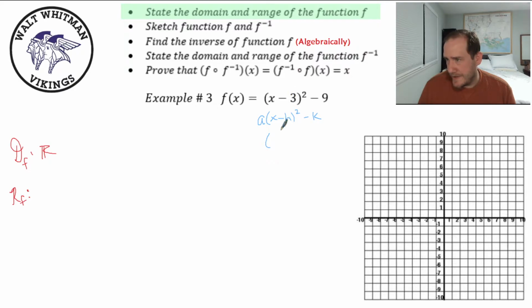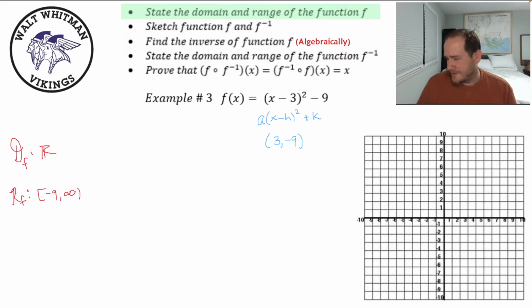So 3 is going to be the x-coordinate, and -9 will be the y-coordinate, which I guess means that technically this is a plus k on the end, because here we want the opposite of this sign, and this sign we want as is. So given that that's our vertex, that would make our range -9 to infinity, including the -9. So there's your domain and range.